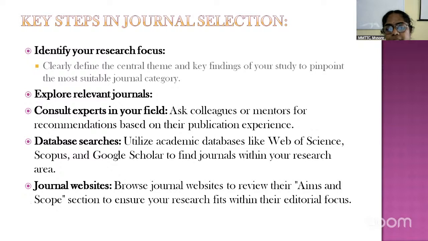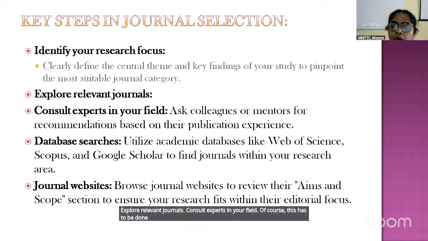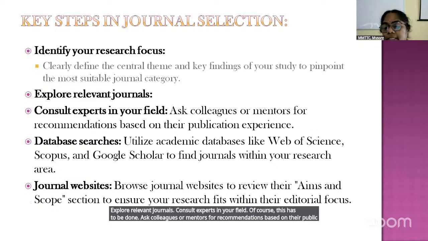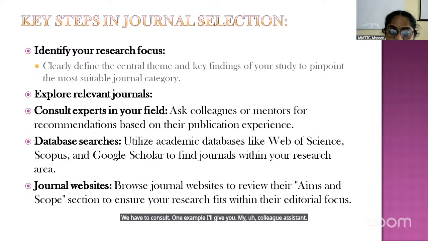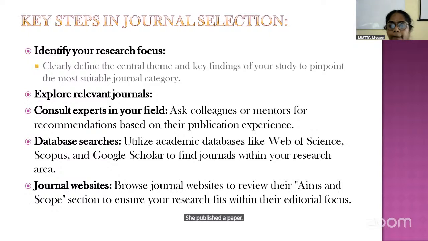Explore relevant journals. Consult experts in your field. Of course, this has to be done. Ask colleagues or mentors for recommendations based on their publication experience. One example I'll give you: my colleague, an assistant, published a paper in a journal.